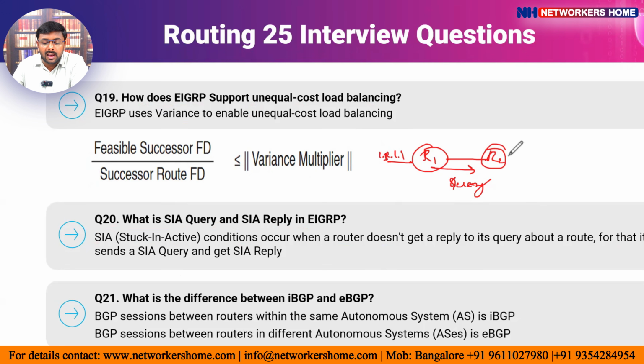Now what happens? Let's say router 2 is not replying. If within 90 seconds it does not get any reply, it sends an SIA query packet. And if it sends an SIA query, then it will need an SIA reply.